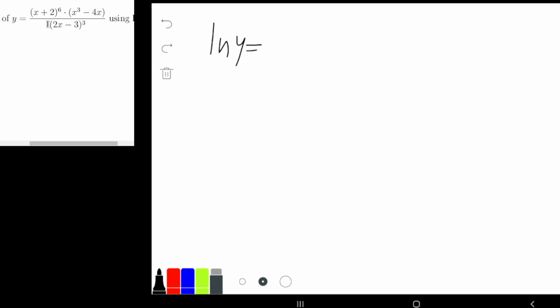So I can write it as the logarithm of the numerator minus the logarithm of the denominator.